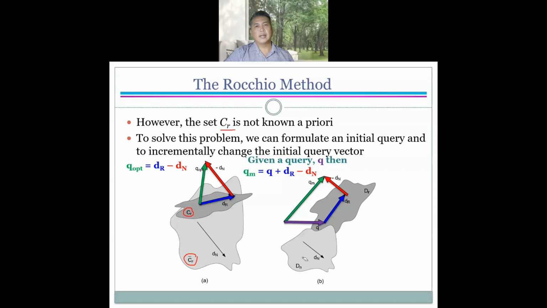Okay, so this is the theoretical explanation of the Rocchio method. They know that this is the set of relevant documents, and they know that this is the set of irrelevant documents.